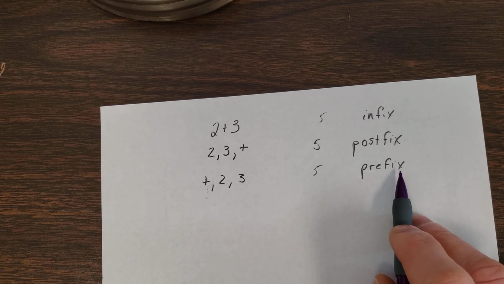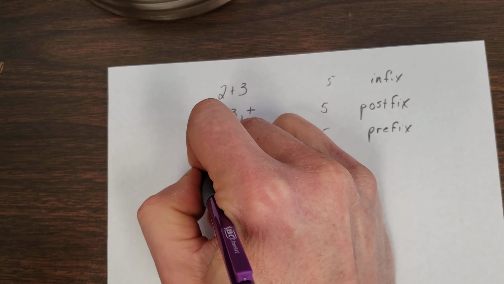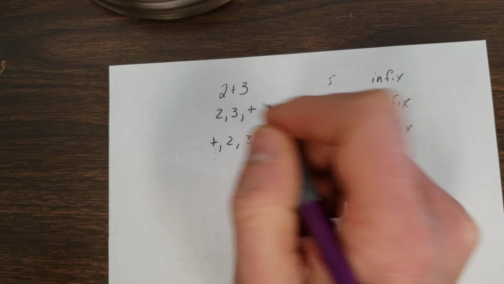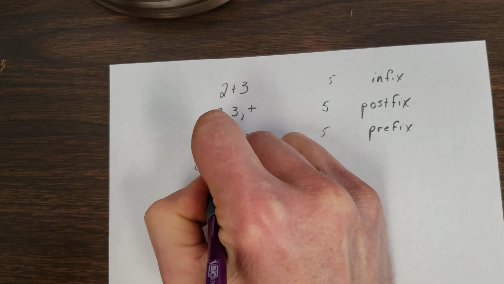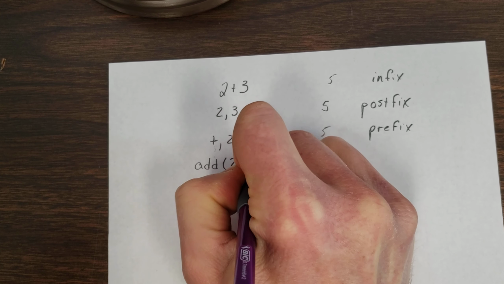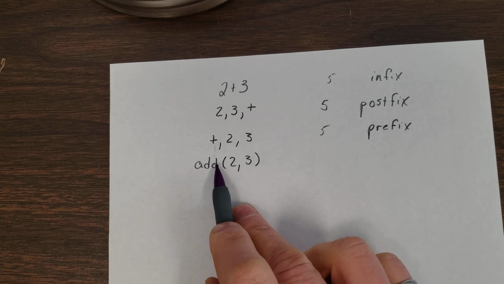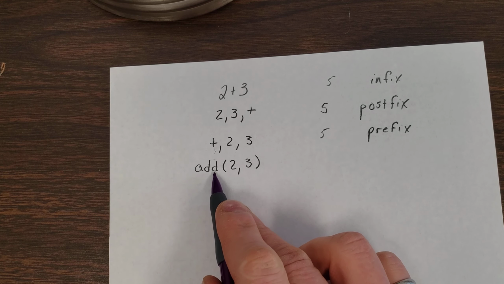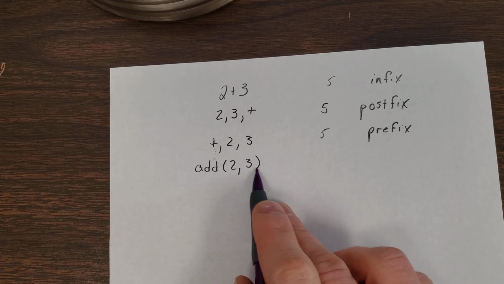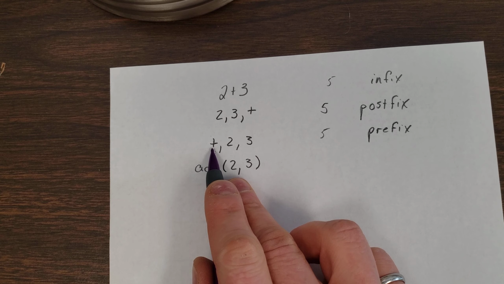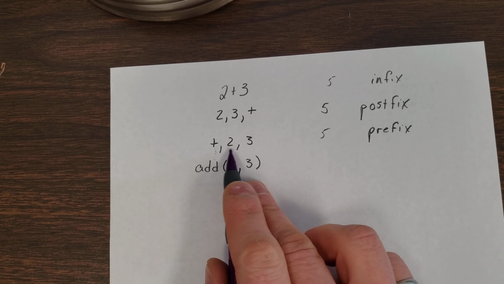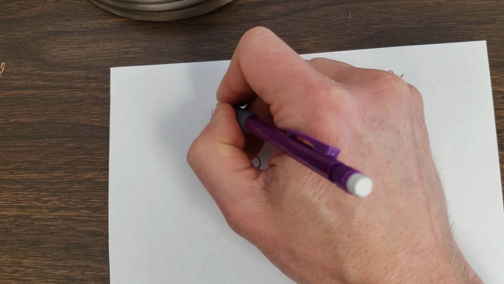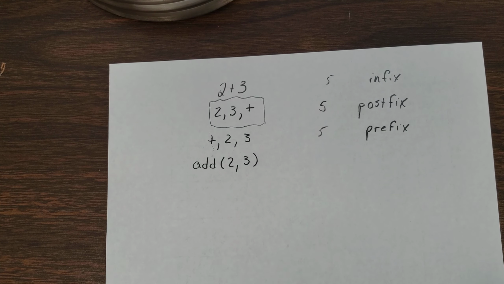Well, this prefix notation you've actually been using, because I know that we can use the operator plus, but if I did have a function like add, well, that's kind of what we've been doing for this prefix notation. We give the name of the operator or the operation, and then we give it the arguments. So prefix kind of happens like that. You tell it the function name, and then you give it its argument list. Now this will be unfamiliar to you, but it turns out that it's very useful.